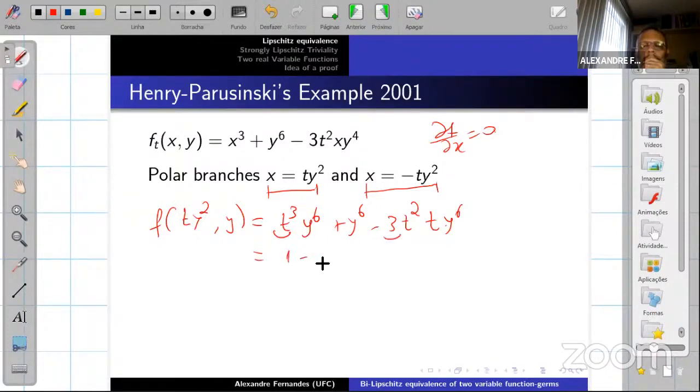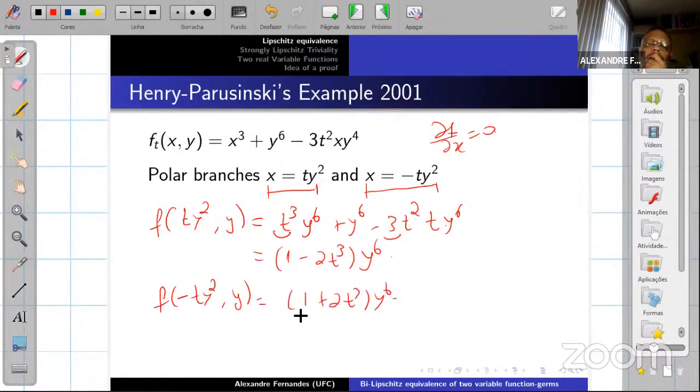1 minus 2 t cube. Okay, and you compute now f along this branch. This gives us this invariant. So our invariant is this set, 1 minus, 1 plus, up to the C star action.